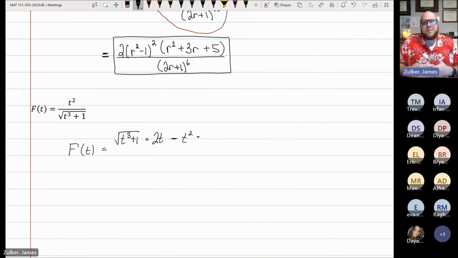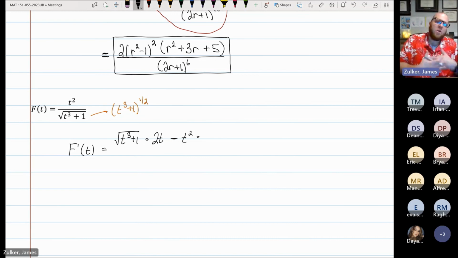All right, now you look at the denominator function and you go, what kind of function is that? That's a general power, right? Because you can rewrite the square root as power 1/2. So general power.